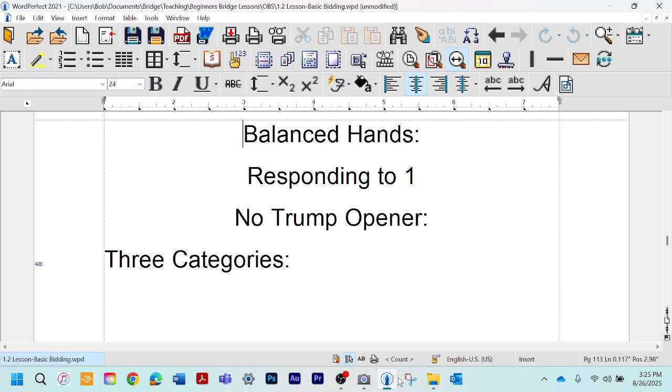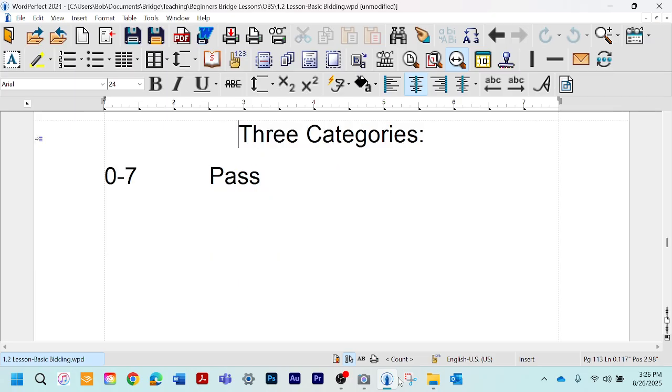However, there is a rule that says that if you happen to have a 5-card major, you know that your partner's got at least 2 in the major because they can't have a singleton to open with one no trump. So you can go ahead and make him bid the major. So the first category is 0 to 7, and you want to pass or possibly transfer and pass.